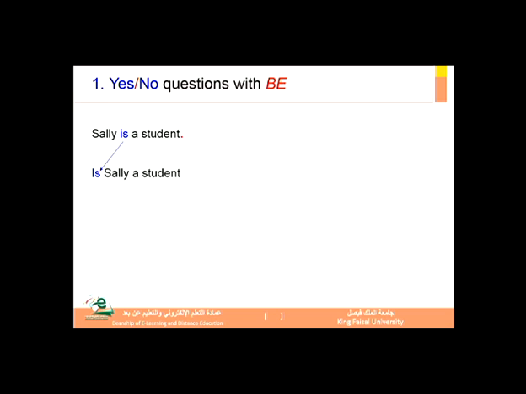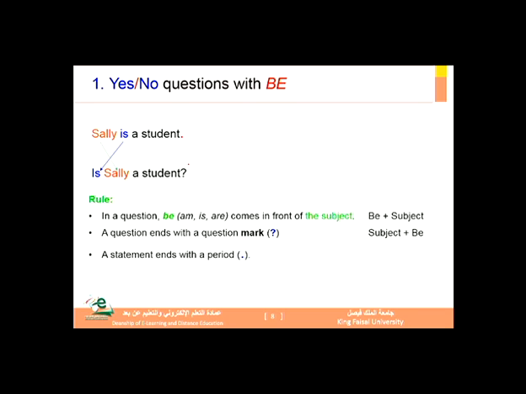The verb to be comes at the beginning of the sentence, and Sally comes immediately after the verb. We also need to pay attention that when we make a yes/no question, we have to have the question mark at the end of the sentence, so we don't forget the question mark.